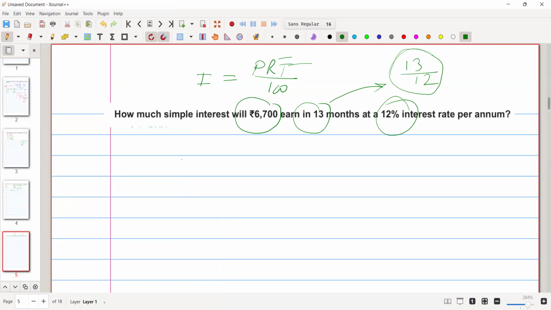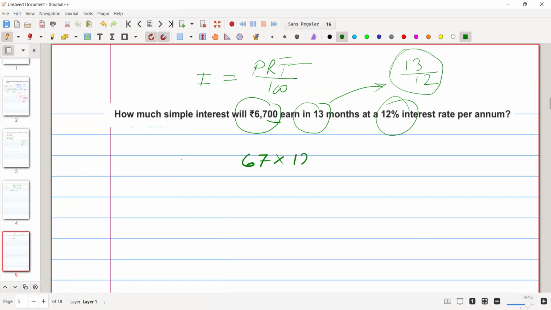If we put in the values, 6, 7, and the two zeros will be cancelled out, so there's no need to write them here right now.